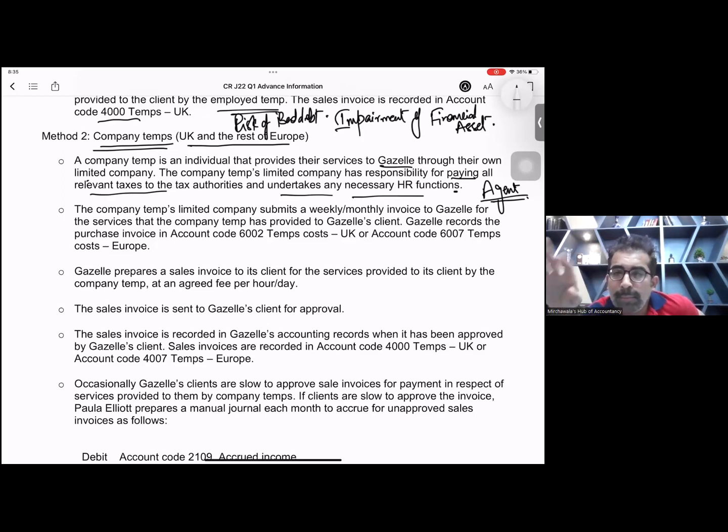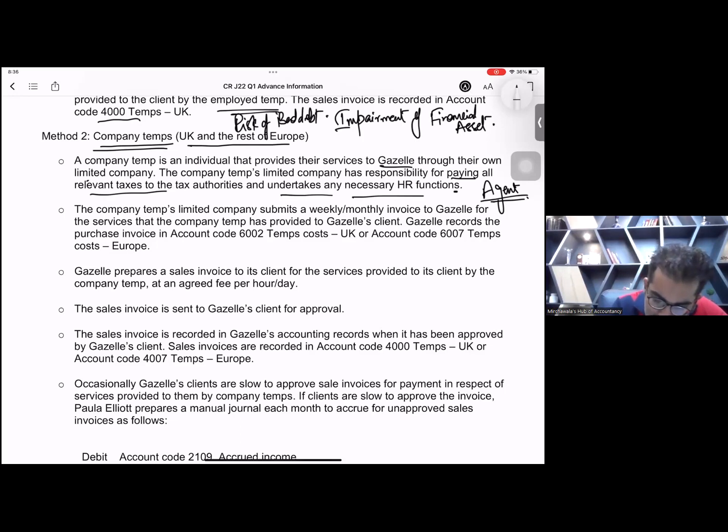But yes, we have to deal with obviously a company. If you are taking services from a company, whatever the UK law says that you have to follow, you follow. But not employment laws, not our headache now.